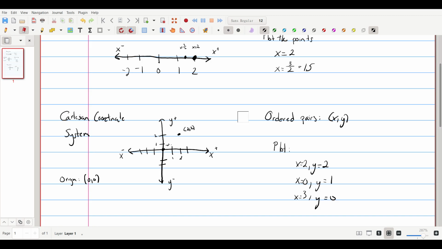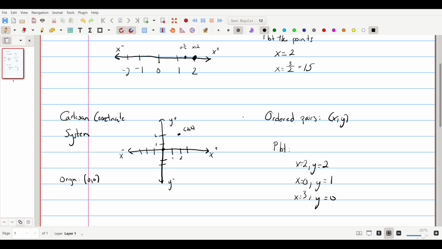Okay? And so let's just do a few more. What does it look like if we plot the point x equals 0, y equals 1? Well, we start at the origin again, and so x equals 0 tells us that we don't need to move any to the left or to the right. And y equals 1 just tells us to move up 1.